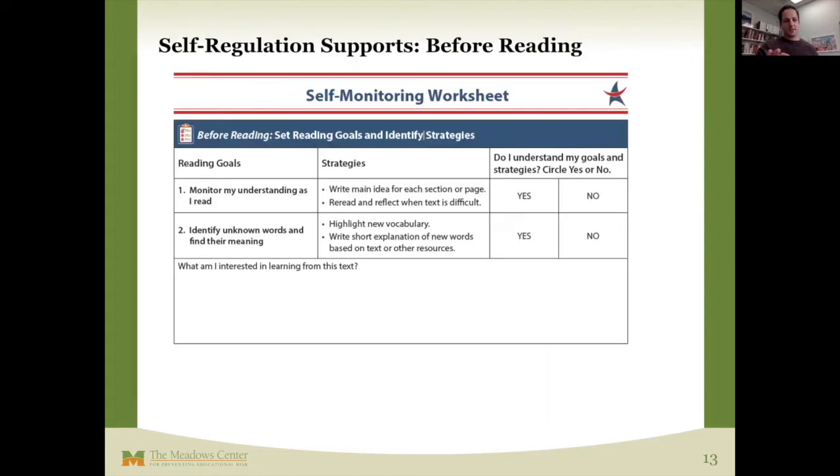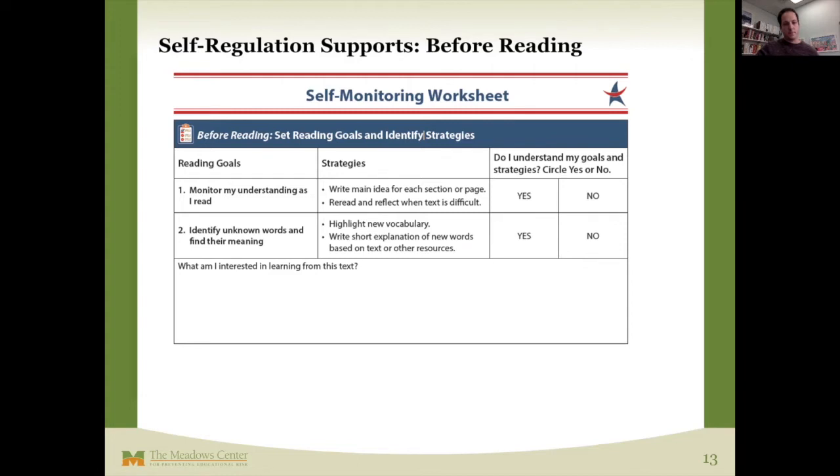And so this is a sample document that we used for instruction. As you can see, it's organized into a before reading phase initially, where students would identify reading goals and strategies. At the start of the intervention, we set the reading goals for students. And so here you can see we identified 2 reading goals.